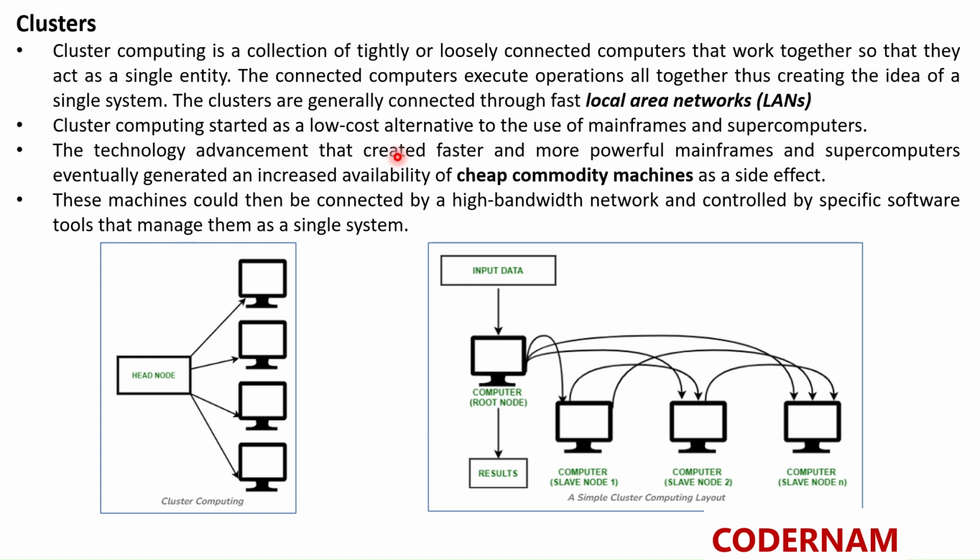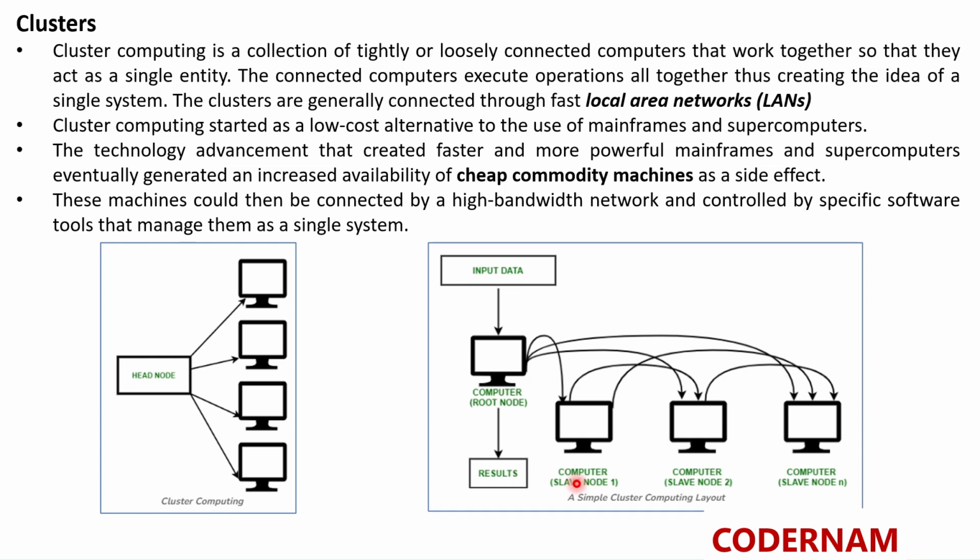Next comes the cluster. A cluster is a collection of tightly or loosely connected computers that work together so that they act as a single entity. These are generally connected through LAN, local area networks, and it started as a low cost alternative for the mainframes.